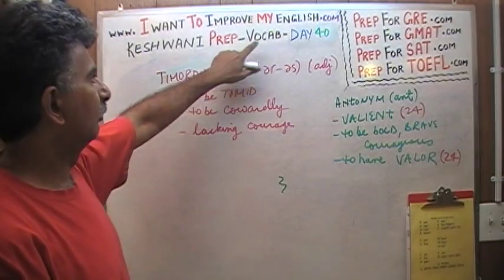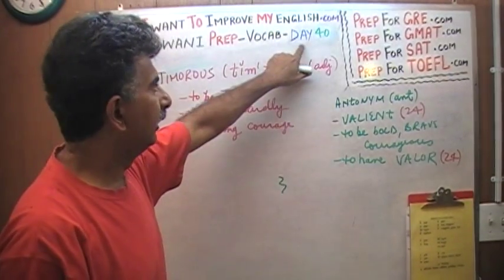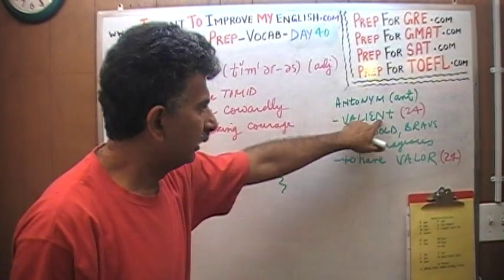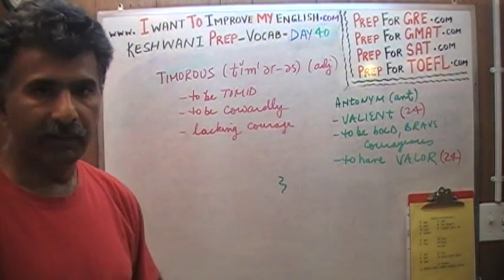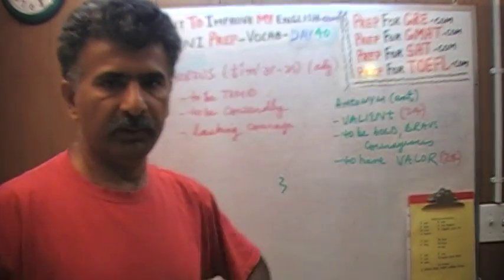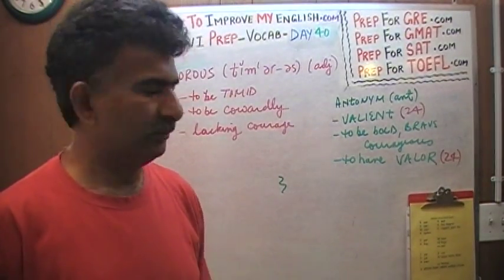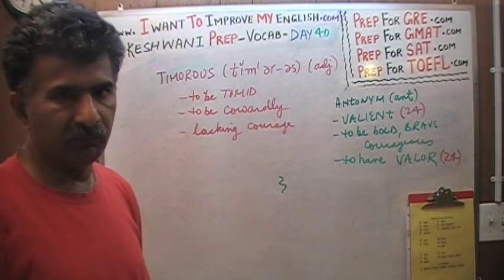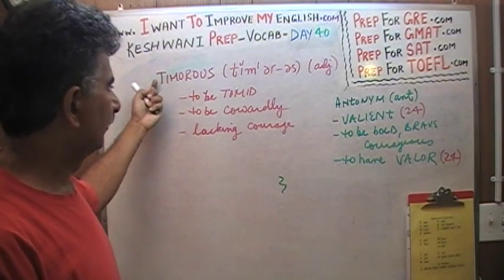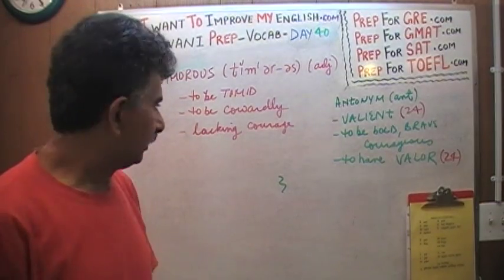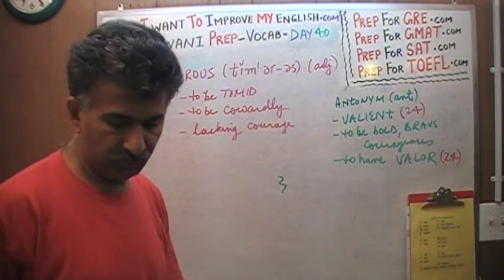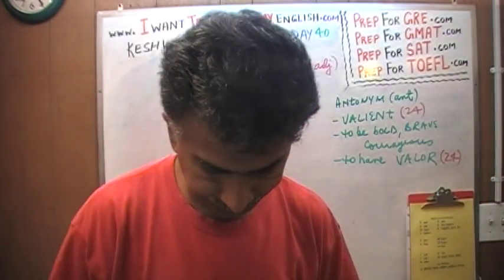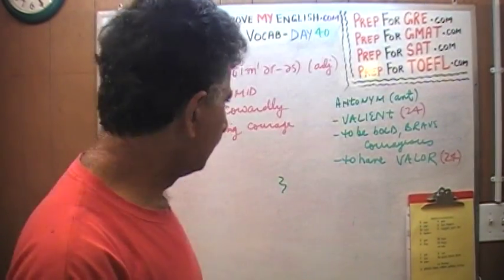Again, I remind you, just type in the tag Keshwani Prep-vocab-day 24, and you can learn these two words. Valiant and valor, which means to be brave, to be courageous, to be bold, to be fearless. And the opposite of valiant would be timid, timorous, lacking courage, to be a coward, to behave in a cowardly manner. That's it. Let's go on then.